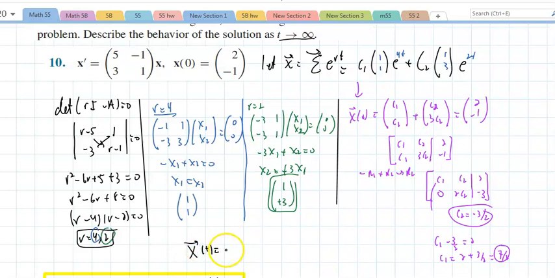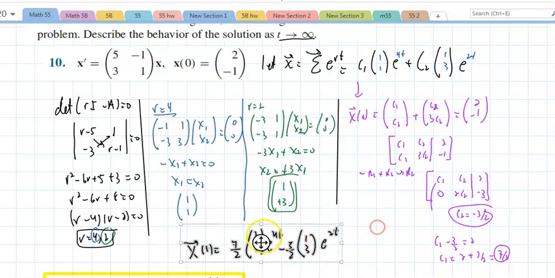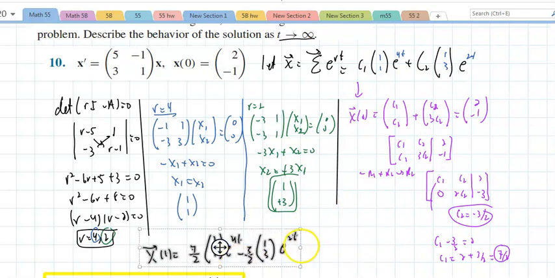equals, so C1 was 7 halves, 1, 1, e to the 4t plus minus 3/2, 1, 3, e to the 2t. I could write this a bit differently. This is all you have to do.